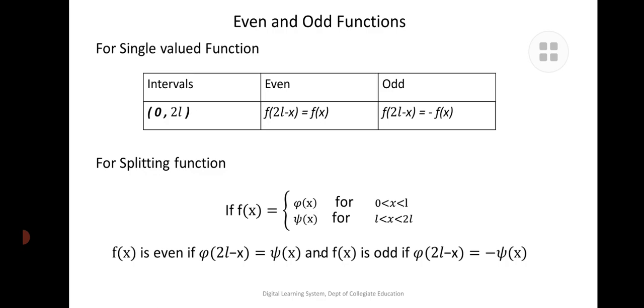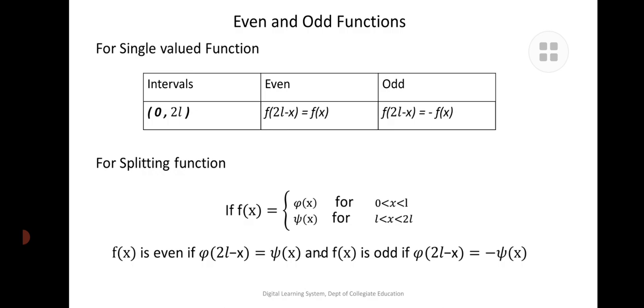How the prediction of the integration takes place for even and odd functions, we will see here. For a single valued function, the interval can be divided or split into 0 to L and L to 2L.